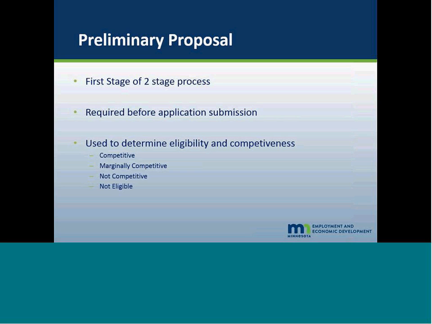The preliminary is the first stage of our two-stage application process. The proposal is really a screening mechanism to determine eligibility of a project and whether it would compete for funds. It's required to be submitted before any application.